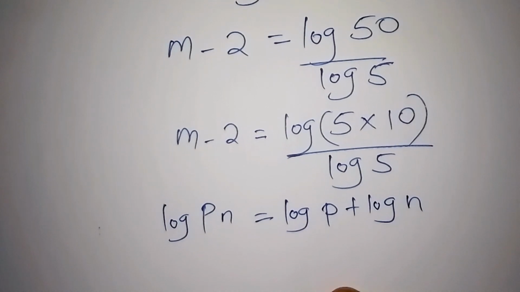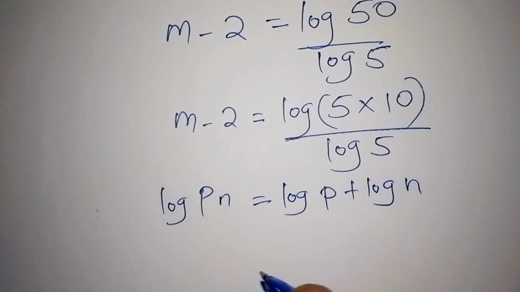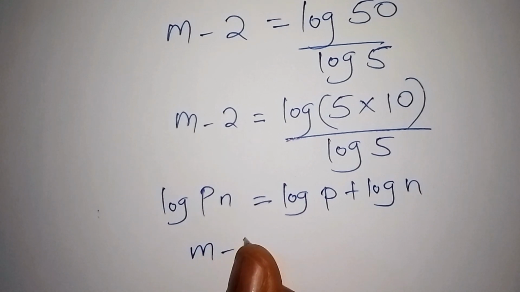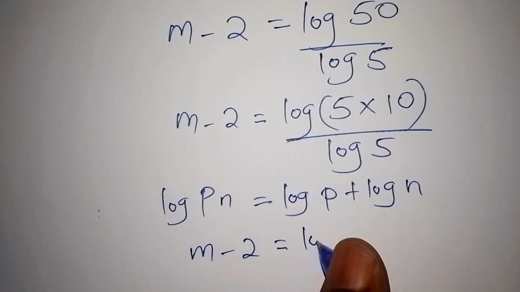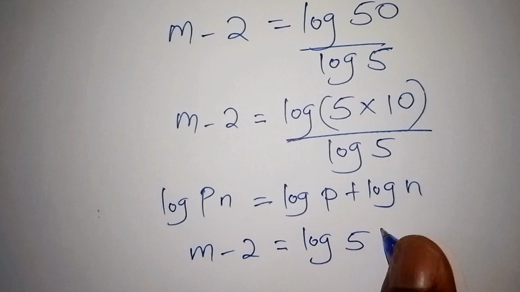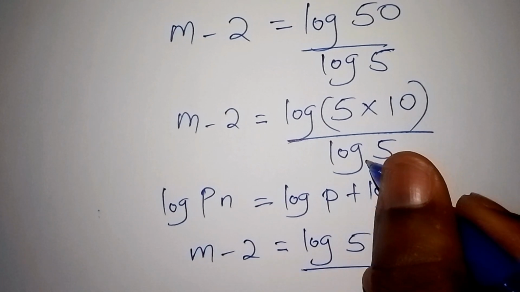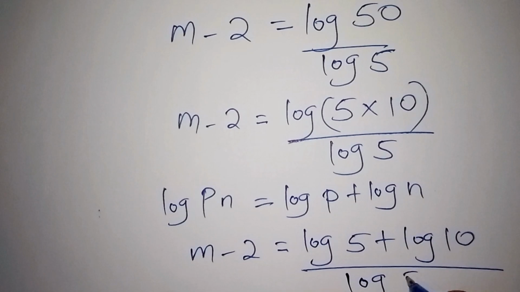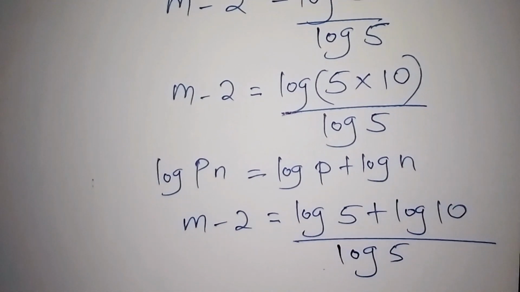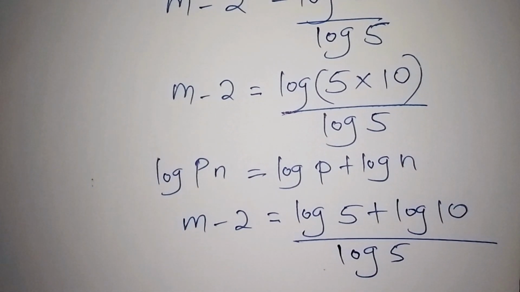So we can change the log of 5 multiplied by 10 as: m minus 2 is equal to the log of 5 plus the log of 10 all over the log of 5. In this case we shall end up with an equation like this.